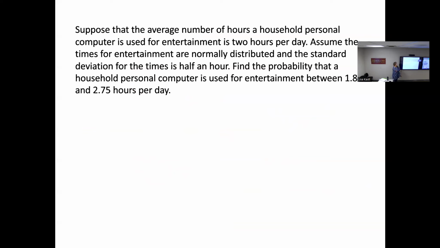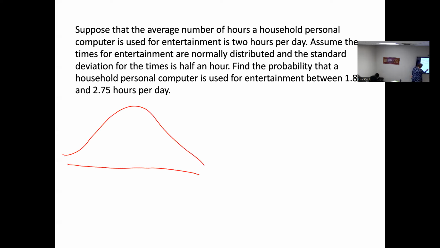Suppose that the average number of hours a household personal computer is used for entertainment is 2 hours per day. Assume the times for entertainment are normally distributed and the standard deviation for the times is half an hour. Find the probability that a household personal computer is used for entertainment between 1.8 and 2.75 hours per day. So normally distributed with a mean of 2 and a standard deviation of 0.5.